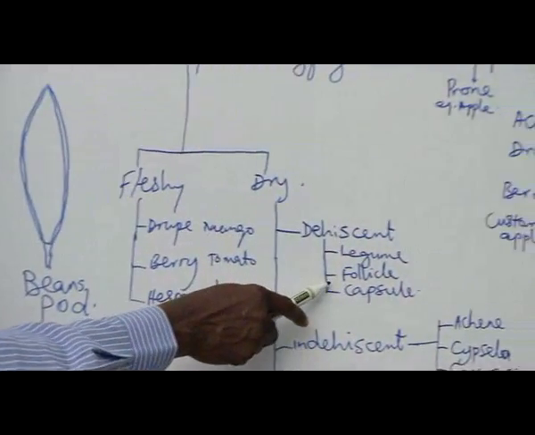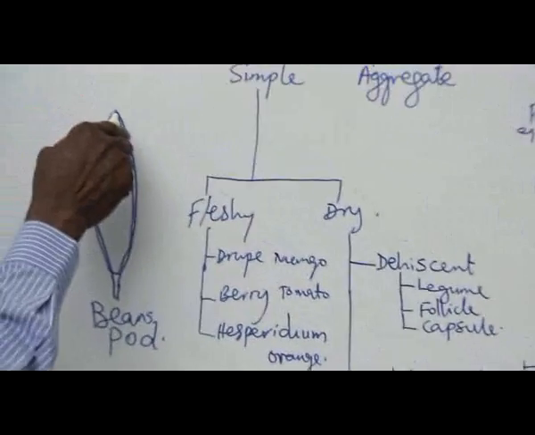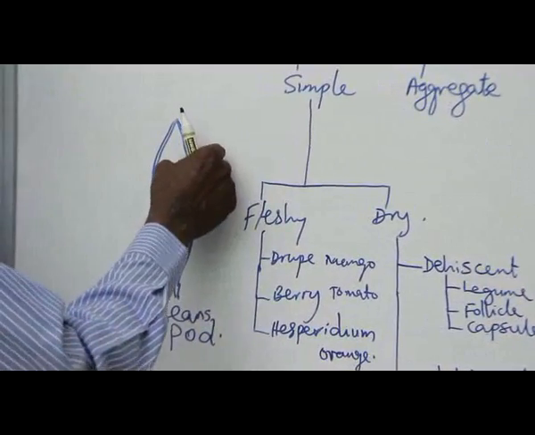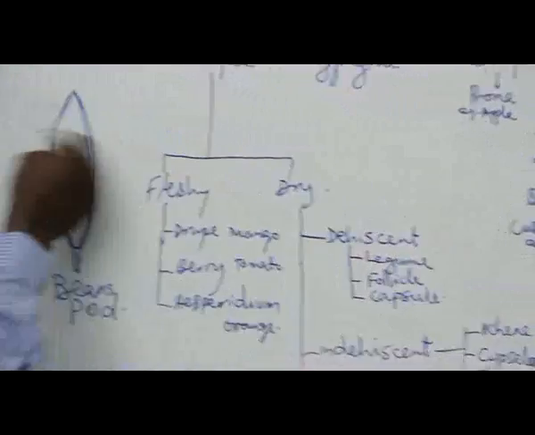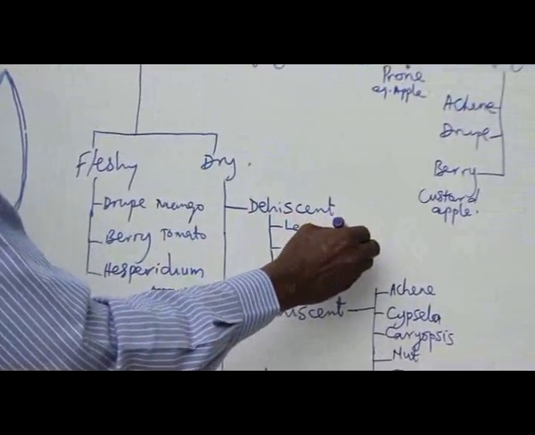Then we have follicles. A follicle is like a legume, but it has only one section. It splits along only one side, but in legume, the two sides open. As we find in kola nut here.